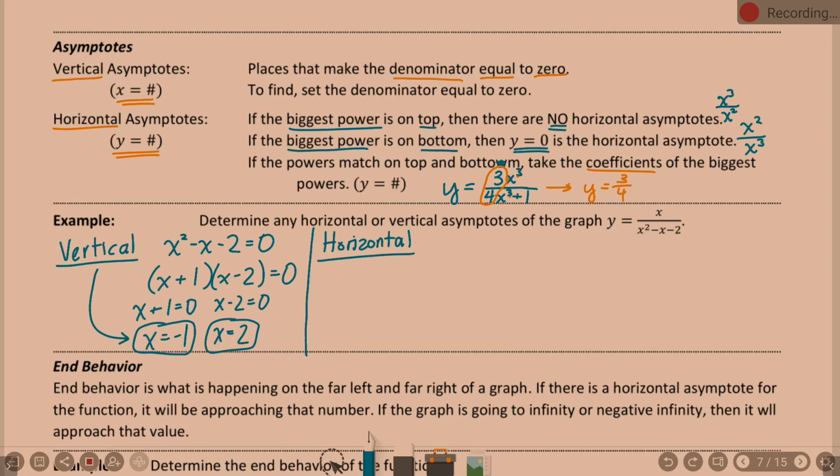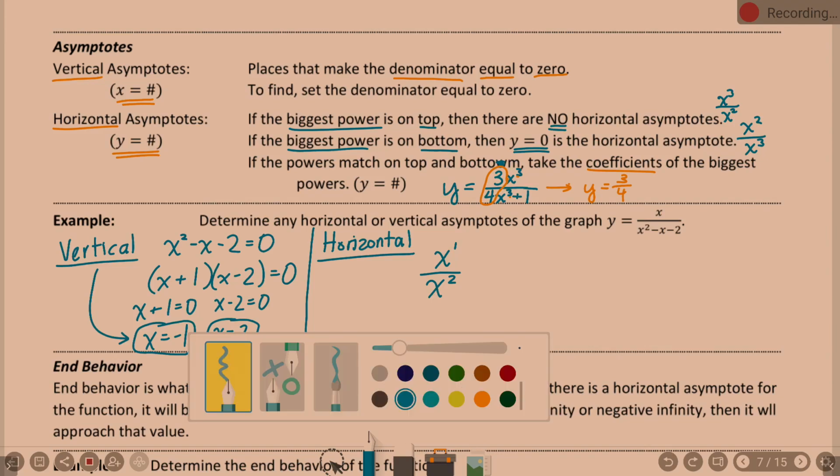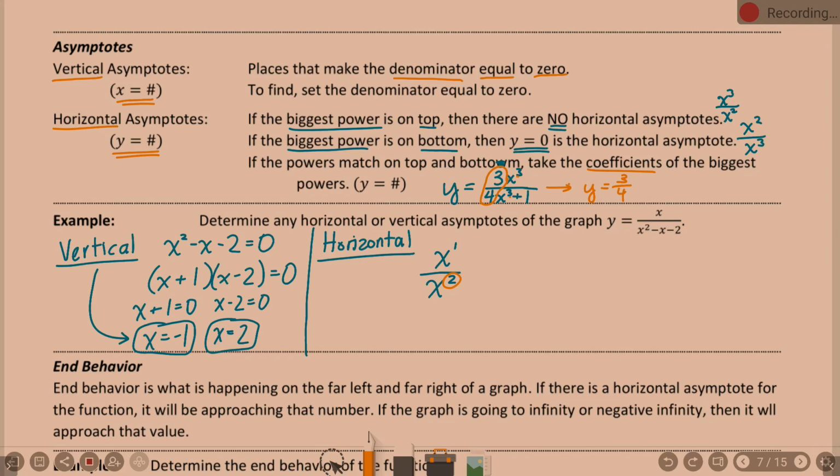It's the only power, but that's what matters on top. What is the biggest power on bottom? 2. The rest of that stuff doesn't matter for horizontal asymptotes. So where is my bigger power? It is on bottom. So by default the answer is y equals 0. I like that.